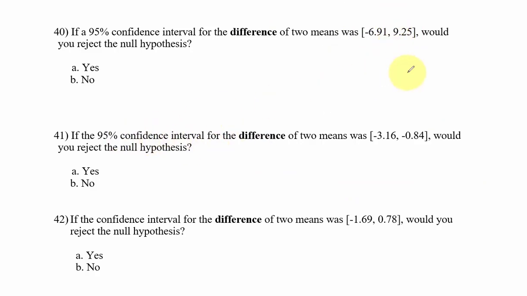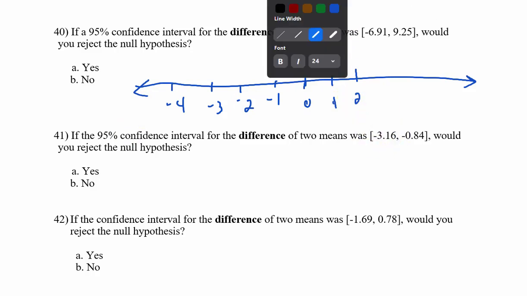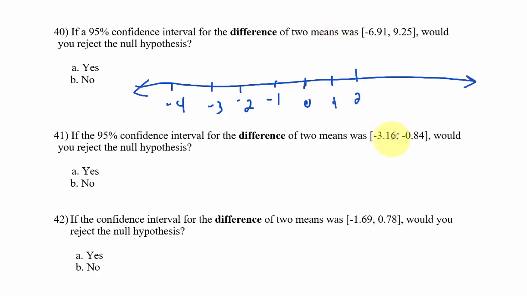Let's do number 41. So here's our confidence interval. So I'm going to draw a number line. Right? There's 0, there's 1, there's 2, etc. Going this way, negative 1, negative 2, negative 3, negative 4, etc. Now we're here between, let me get a different color, maybe that'll help. So negative 3.16 is right about here. And negative 8.4 is right about there.